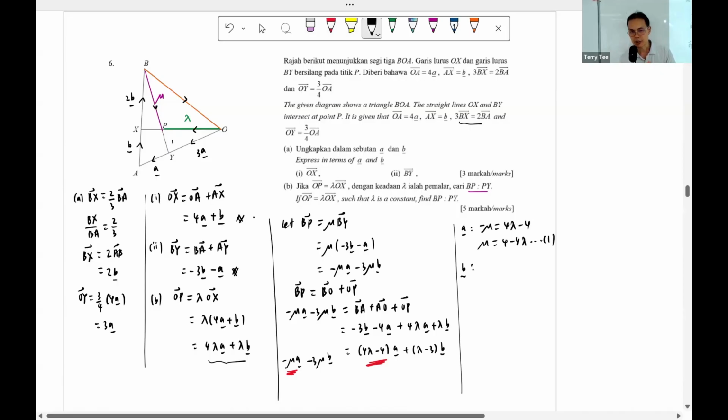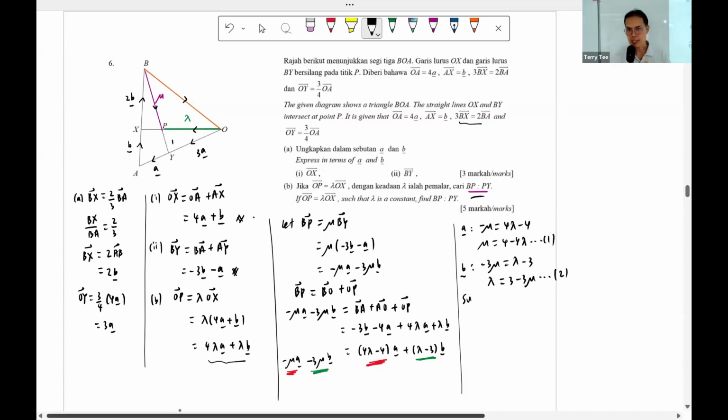Then you compare vector B. B is this one, compare with this one. So what do you get? Minus 3 mu equals lambda minus 3. But I want to get rid of lambda. I don't want lambda because I want to find mu. Mu is the one that helps me find this ratio. So I will make lambda the subject: 3 minus 3 mu, equation number 2.